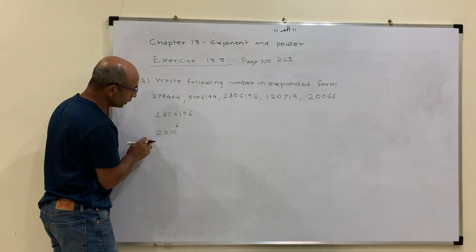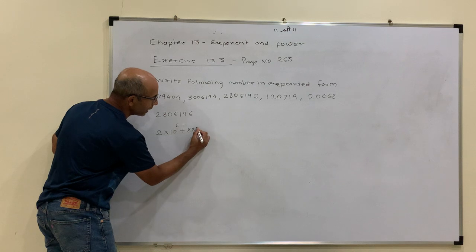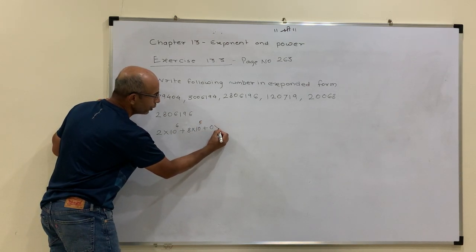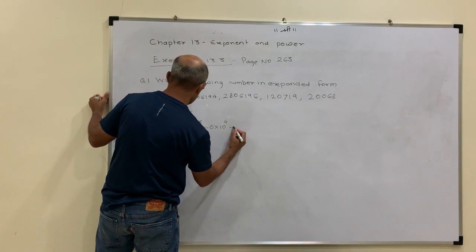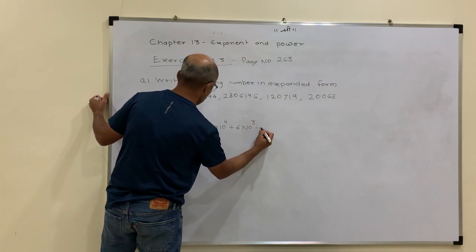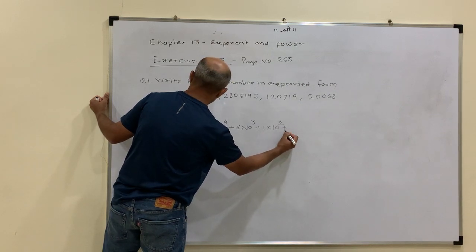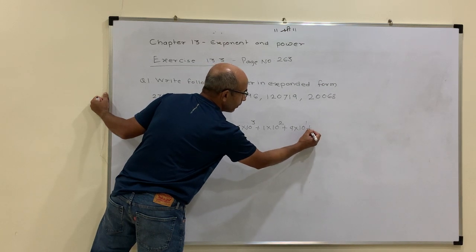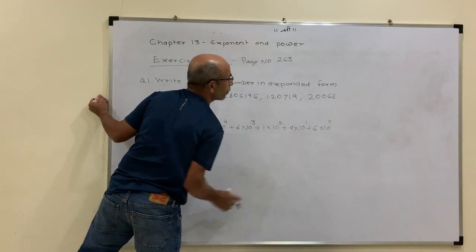So 2 into 10 raised to 6, plus 8 into 10 raised to 5, plus 0 into 10 raised to 4, plus 6 into 10 raised to 3, plus 1 into 10 square, plus 9 into 10 raised to 1, plus 6 into 10 raised to 0.